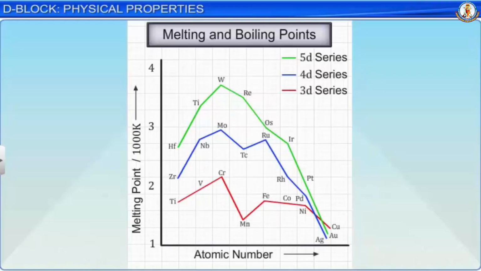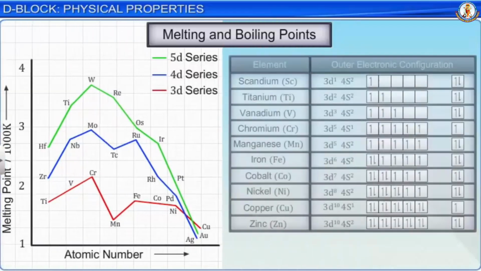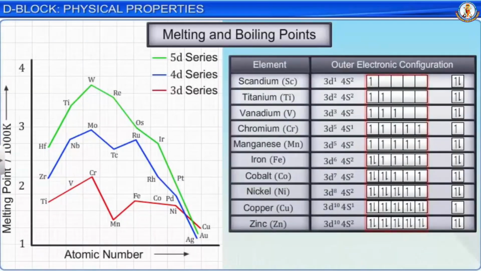As you can see, in any series, with the exception of anomalous values for manganese and technetium, the melting points first increase to a maximum at d5 configuration and then gradually decrease towards the end of the period. The high melting points of these elements are attributed to the participation of a greater number of electrons from (n-1)d orbitals in addition to the ns electrons in the interatomic metallic bonding.